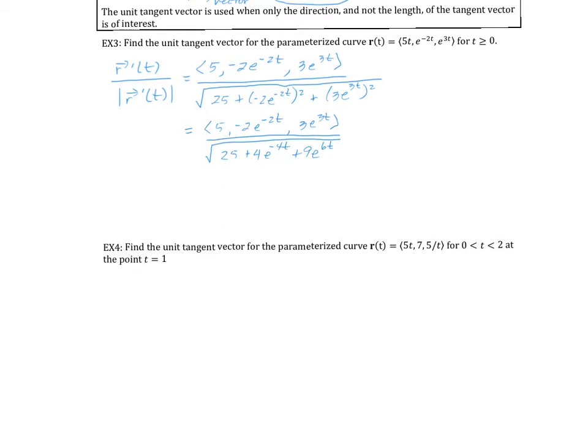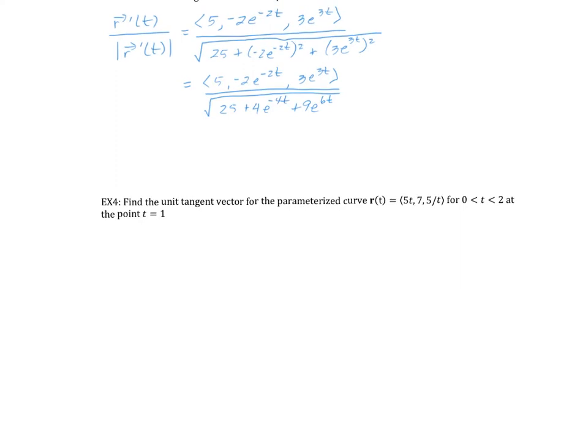So oftentimes what we'll do is, if we have a vector written in that form, we'll pull out the magnitude, and I never make my lines long enough. And we'll just multiply it by our vector.